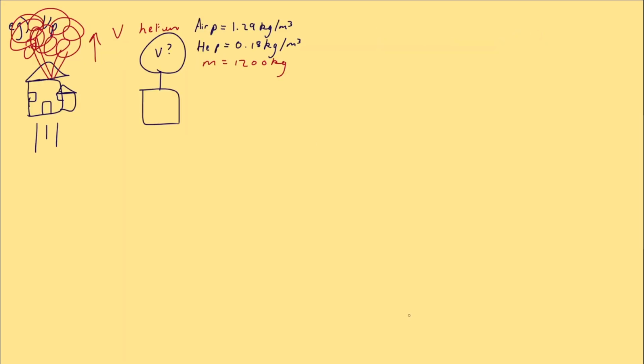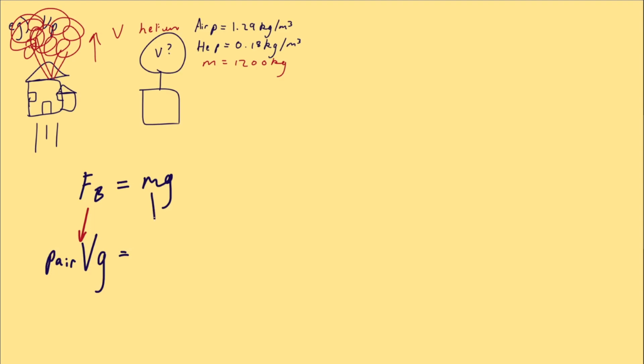And how do we solve this problem? What are we looking for? We're looking for how much helium volume is needed to make the buoyant force lift the house up. So what we're saying in equation terms is the buoyant force must equal the weight of the house, at least. That's the minimum. The buoyant force is found with the density of the fluid, which in this case is air, multiplied by volume and gravity.